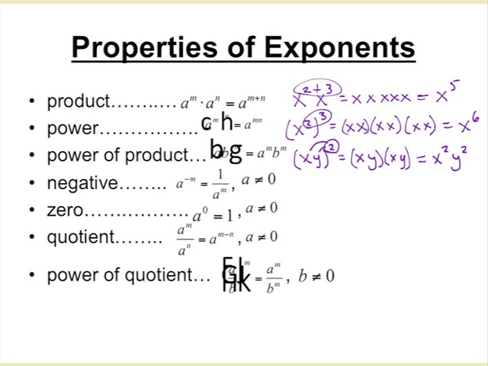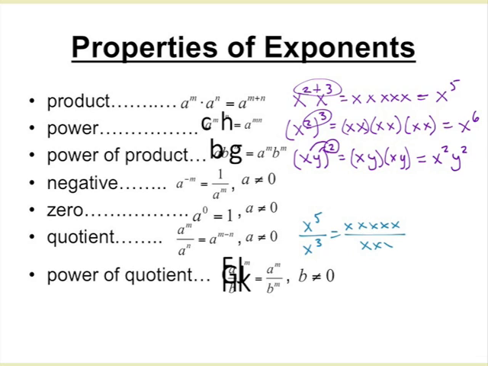The property of negative exponent is easier explained after we look at the division property, as is the zero property. So we're going to jump down to the quotient property, which says I want to take, we'll say x to the fifth and divide it by x to the third. Well, x to the fifth is 5 x's.